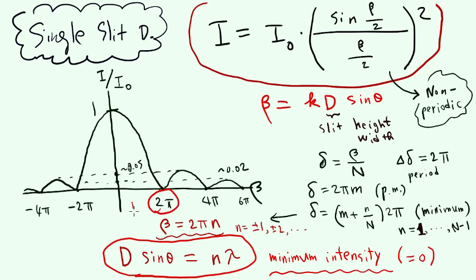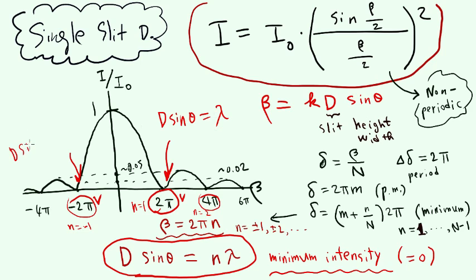This is n equals 2. n equals -1 here. So what's important is the n equals -1 case and the n equals 1 case, because all other side peaks are so weak, they are not important. So that's the main discovery here. And the first minimum on the left and on the right can be written as D sine theta equals lambda, and on the other side D sine theta equals negative lambda.